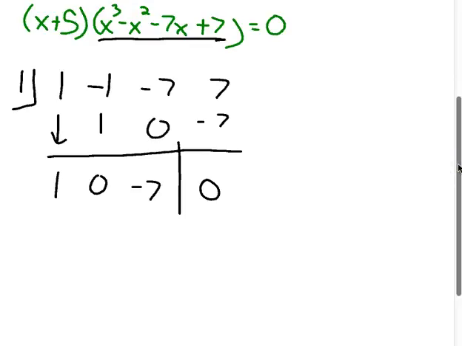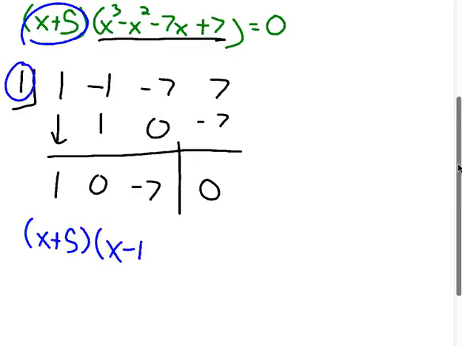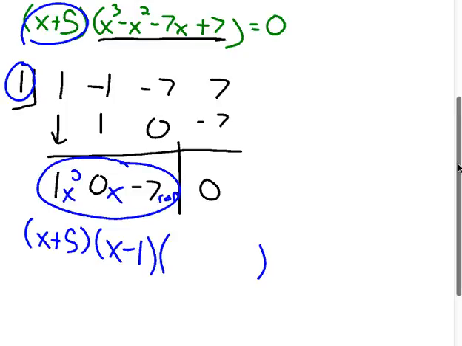So let's see what I have now. Well, I still have that. I didn't do anything with that piece. I just pulled that out. Okay, I just was able to factor that. And the remaining piece comes from this. My constant, my x, and my x squared.